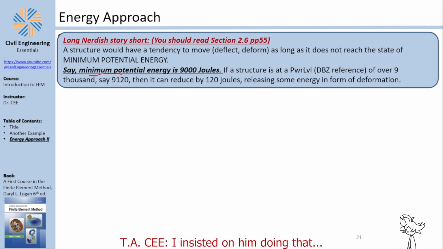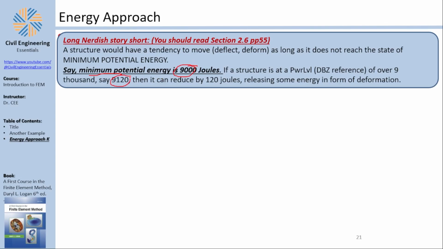If a structure is at a power level over 9,000, as Vegeta says, yes, I'm throwing in a DBZ reference, say 9,120, then you know that it can still go down to 9,000, which means you have an excess of 120 joules, which is released in form of deformation.